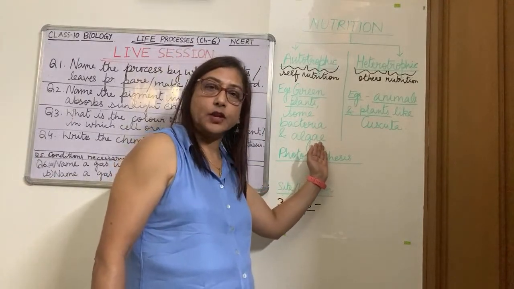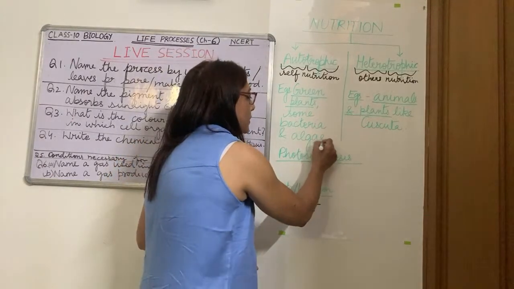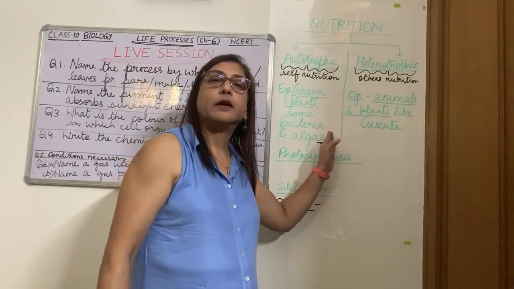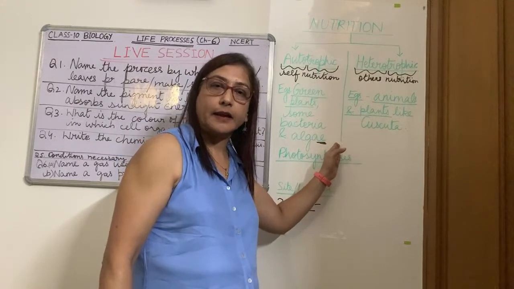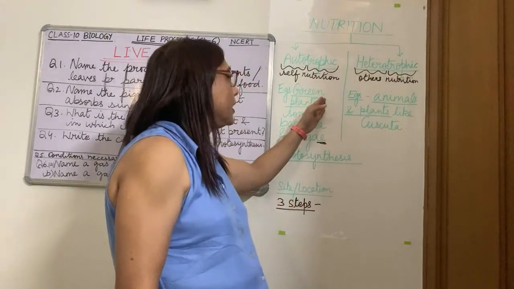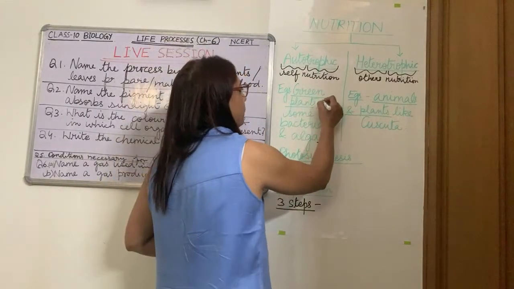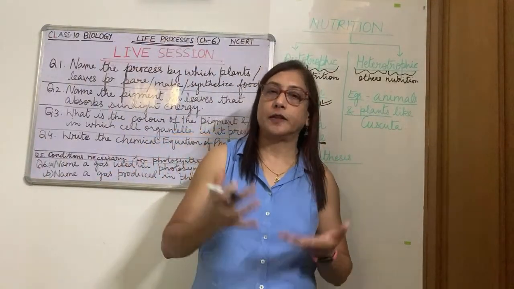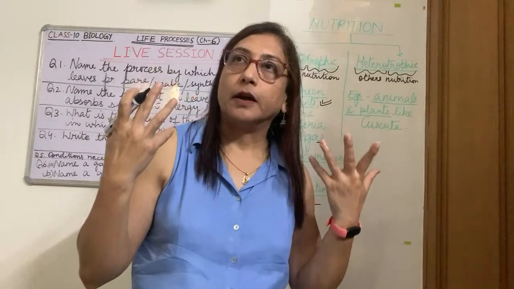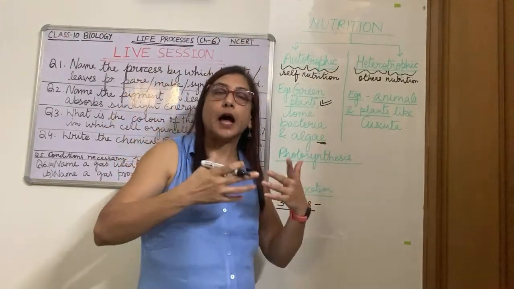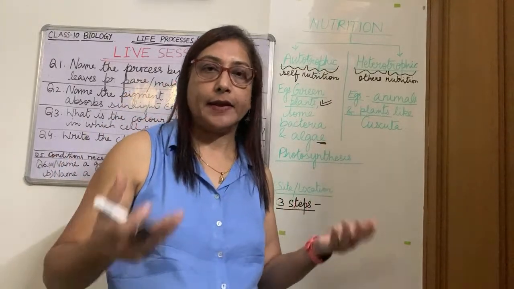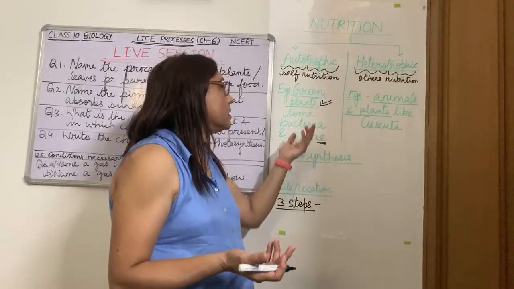Children, algae is a new term, but you will learn later in your higher classes that these are also plants, the green algae. Green plants mainly, you know that a major part of the land of the earth is forest area or plantation.